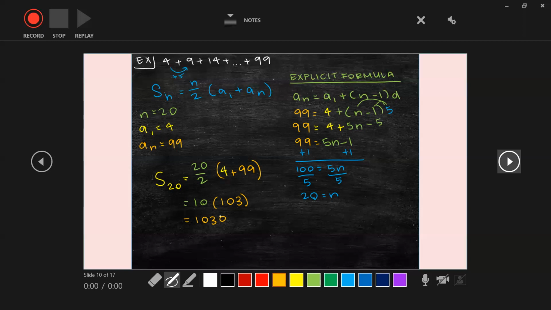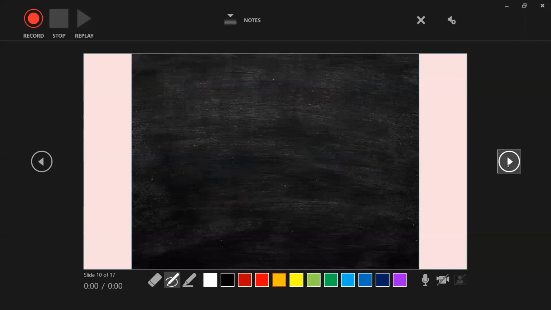I really like this chapter because it builds on itself really well. I think it's really intuitive. Okay. So now we're going to get into the fun stuff. We are going to be writing a series in summation notation. And I love me some summation notation. This was the stuff that I loved in college.